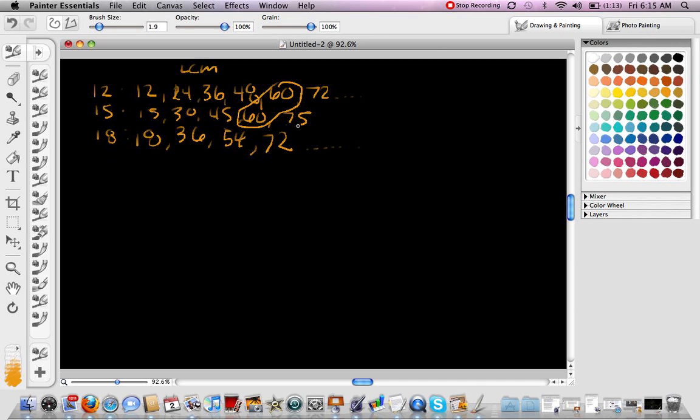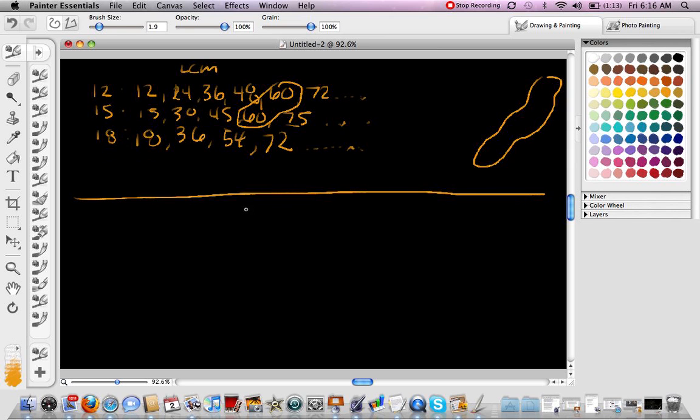Oh, I got a pattern here, but not here. The problem is, this strategy definitely works for maybe two numbers if they're small, but it gets really tricky as I go along, and it takes a long time because they don't all share a multiple till way out here. We've got to find another way to do that.